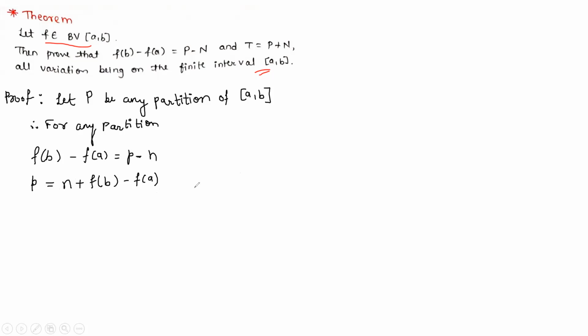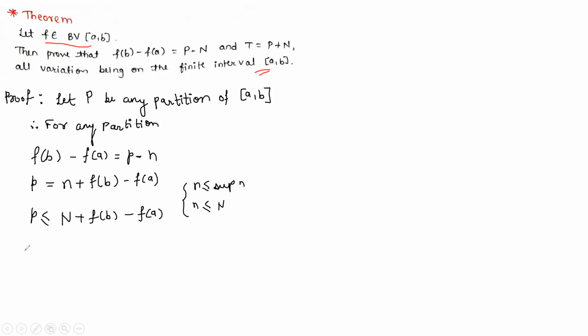Now we know that this n is less than or equal to the supremum of n, and the supremum of n is equal to the negative variation, that is this negative part of variation is less than or equal to the negative variation. So this can be written as small p less than or equal to capital N plus f(b) minus f(a).